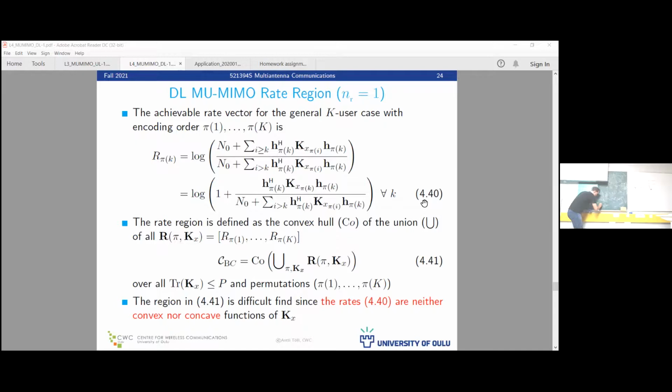It's log of the variance of that, which would be n0 plus the sum over i larger than or equal to k of hi Hermitian, sorry, transmit covariance matrix.